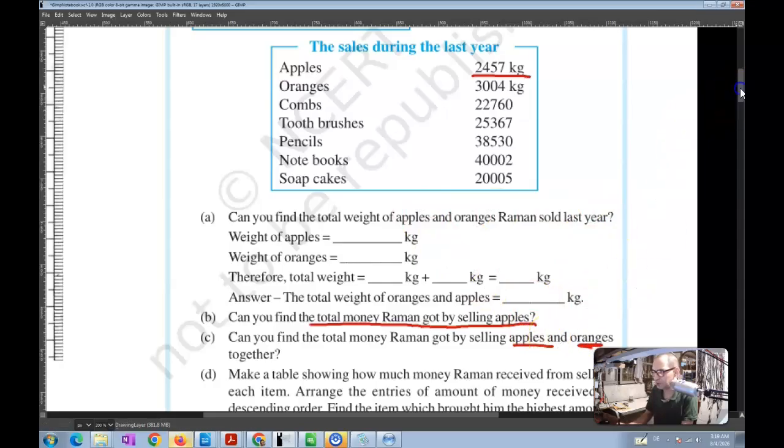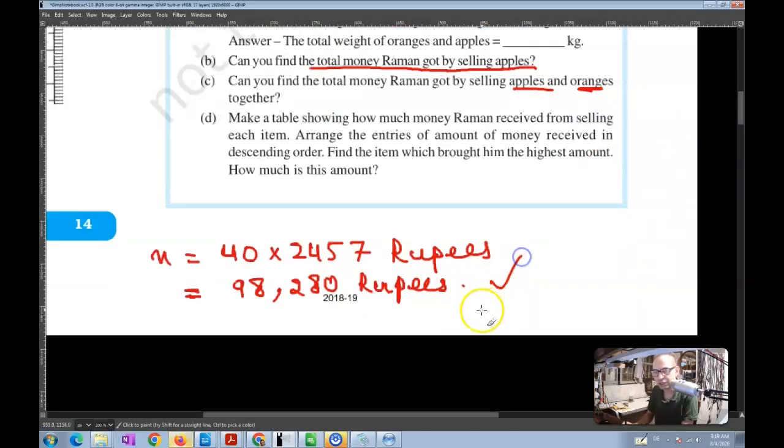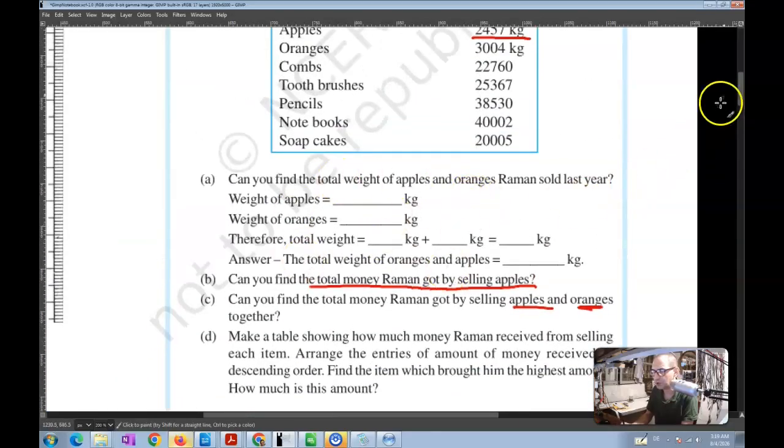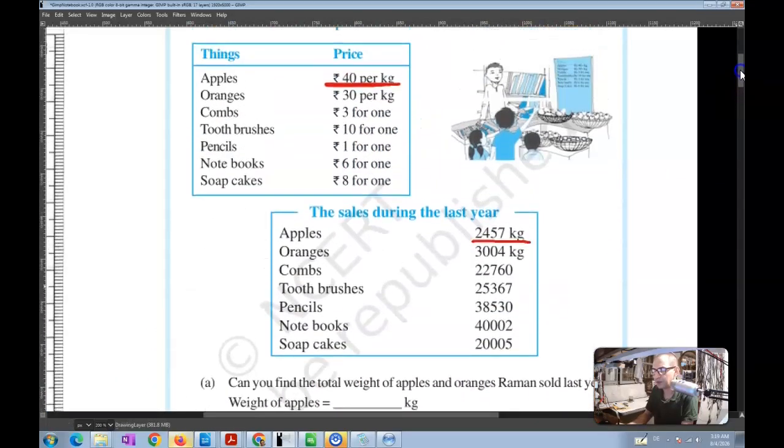For the apples we have already calculated here, and then you will do the exact same thing for oranges, meaning the unit price for oranges is over here, and he sold 3,004 kilograms of oranges.